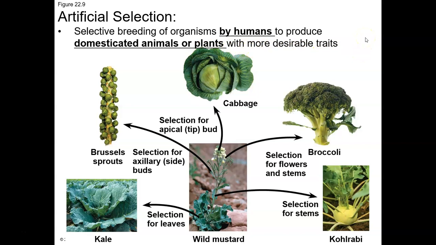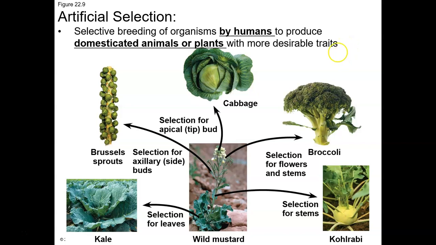So every domesticated animal, cows, sheep, cats, dogs, horses, all of these are the product of artificial selection. Humans choosing which traits they prefer and therefore changing what would have been occurring in nature to something that better suits the needs of the humans.